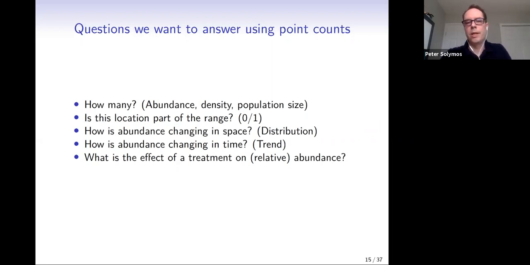So compared to the expected abundance in a forest, how much lower or higher abundance you would get in a developed suburban area. So these are the types of questions I could think of, or that these methods that we are going to discuss can be used for.